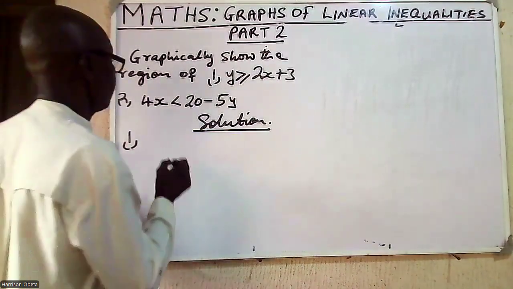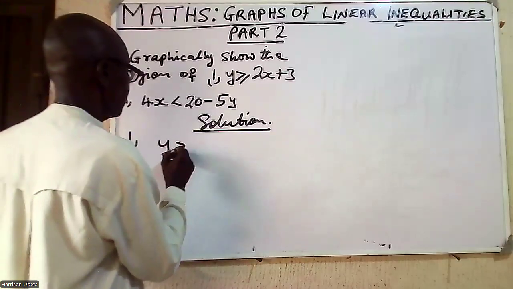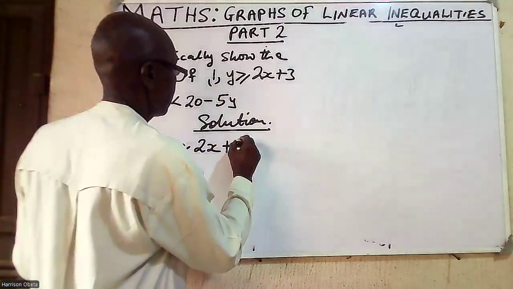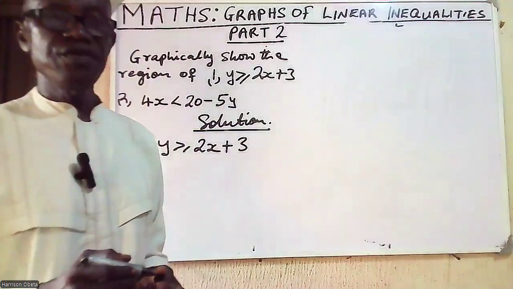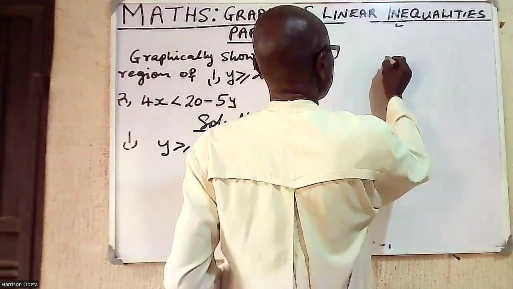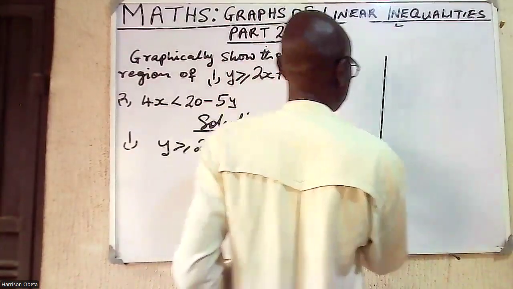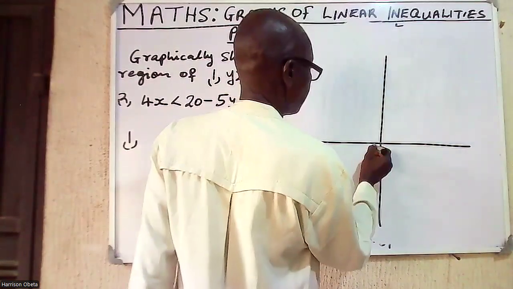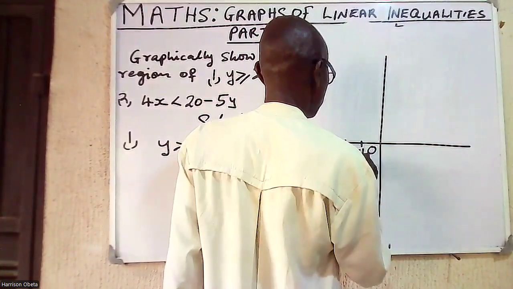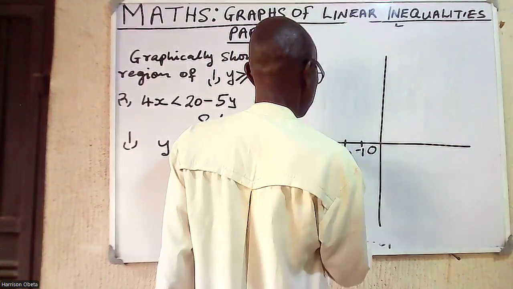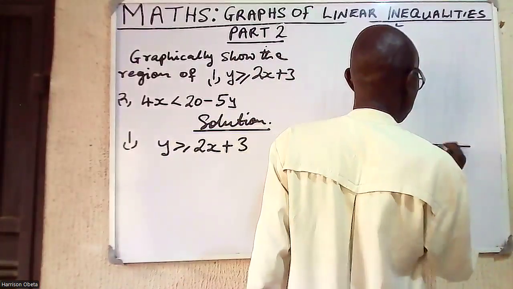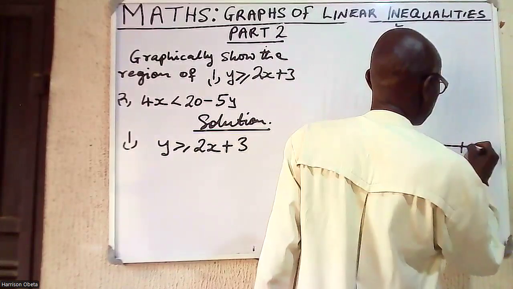The first one we have is y is greater than or equal to 2x plus 3. For you to plot the graph, draw it like this: we have 0, minus 1, minus 2, minus 3, minus 4, 1, 2, 3, 4, and so on.